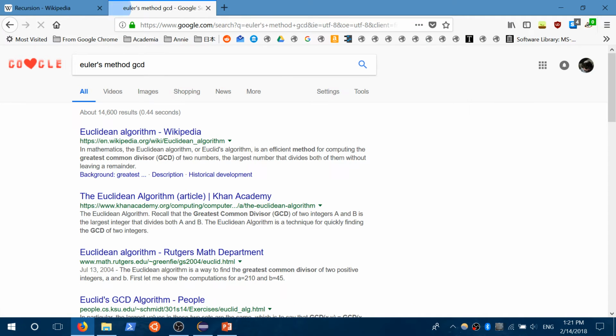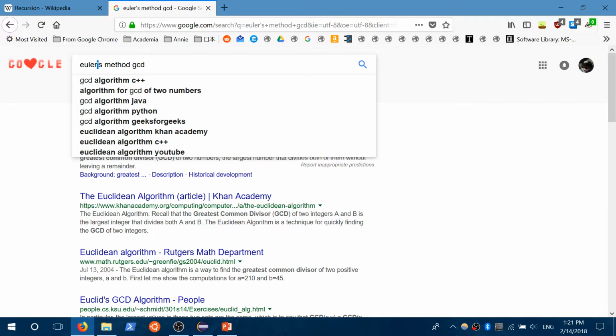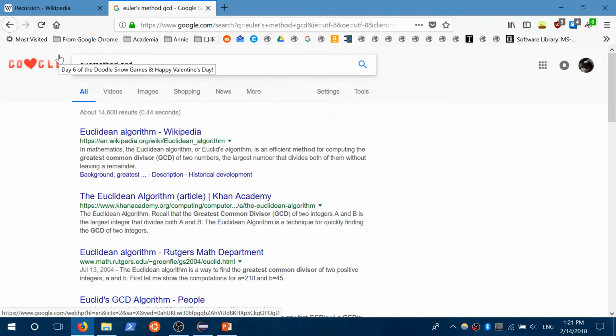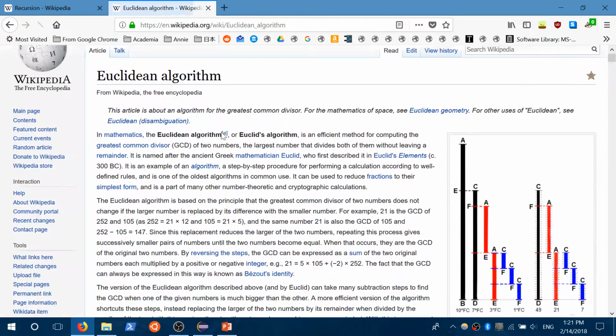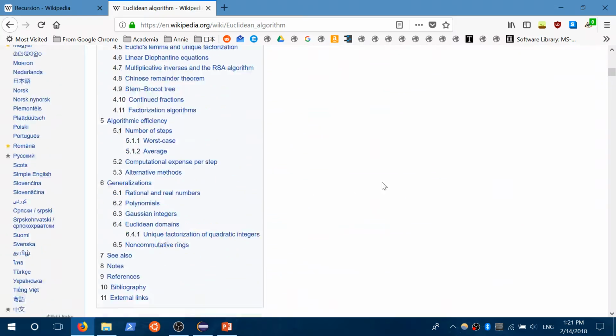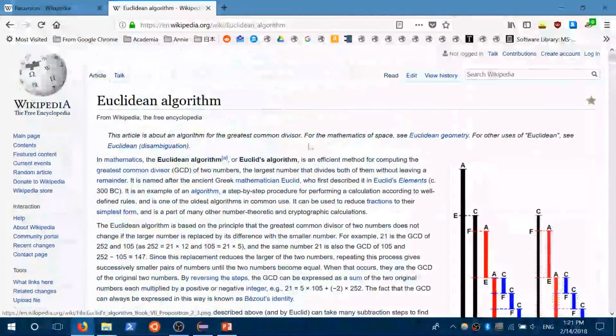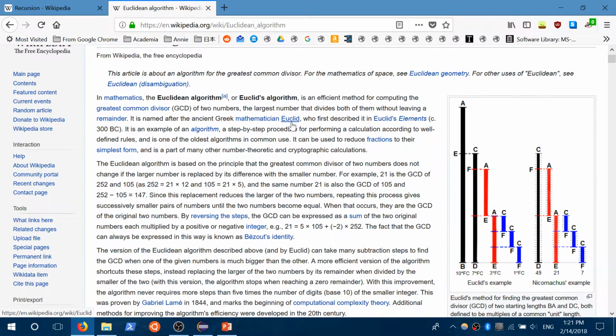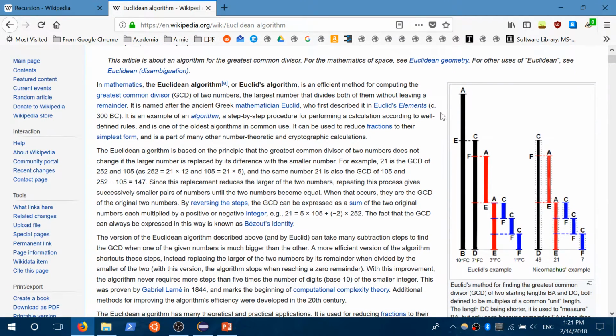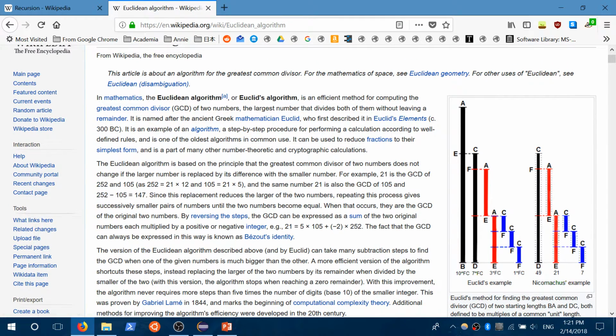I think it's Euclid, actually. Euclidean algorithm, right? The issue is that you've got two people who start with EU. So we're going to use this algorithm instead, which really should be taught more because it's named after Euclid, who first described it in his Elements, which was written over 2,300 years ago. So, you know.